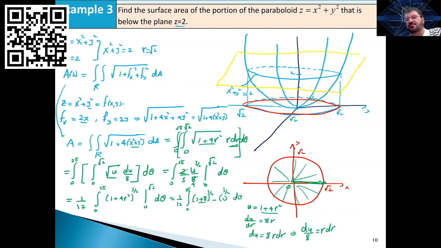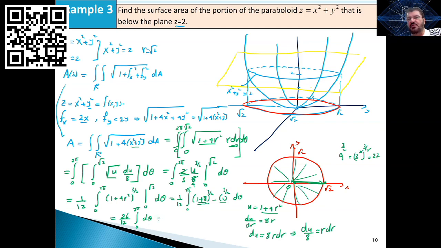This is 9. 9 to the 3/2 is 3 squared to the 3/2. 2 goes with 2, and you have 3 cubed, which is 27. So all of this is 27, guys. Minus 1 is 26. So this is going to be 26 over 12, integration from 0 to 2 pi d theta.